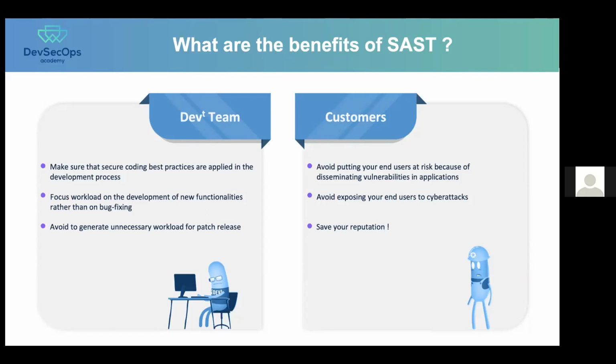As I explained a bit earlier, there are hostile people among the users and on the other side of the application. If they succeed in exploiting a vulnerability, you will expose your customers to cyber attacks with very impacting effects. Additionally, by releasing applications with fewer vulnerabilities, you will also save or increase your reputation, which is a very important point nowadays. Next.